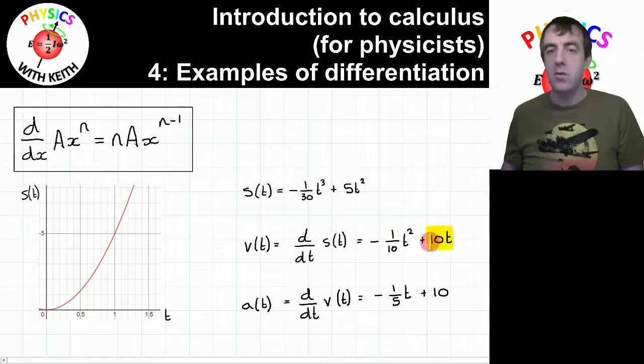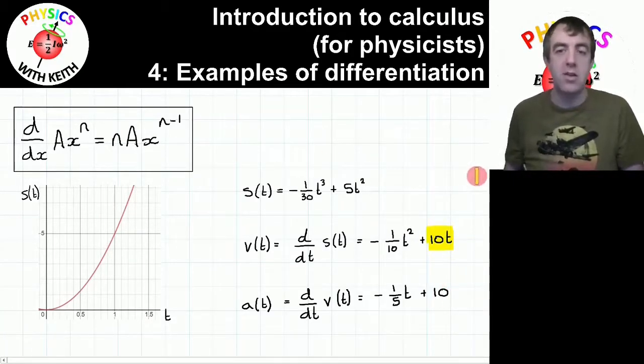And the second term here, the 10 is multiplied by 1, so it stays as 10, and the 1 is reduced to 0. Well, anything to the power of 0 is just 1, so t to the power of 0 is just 1, so I'm not going to bother writing the number 1 there.